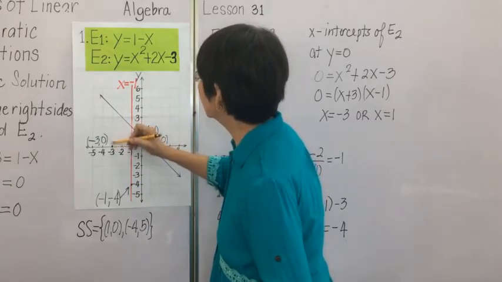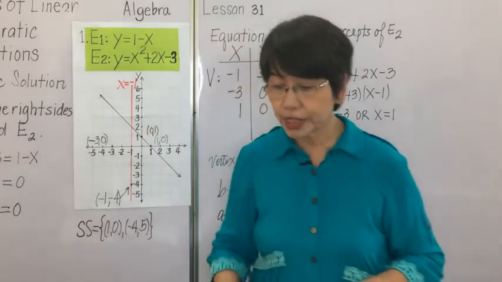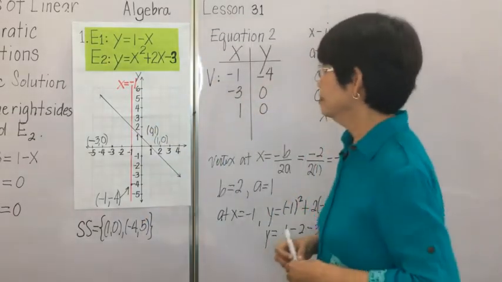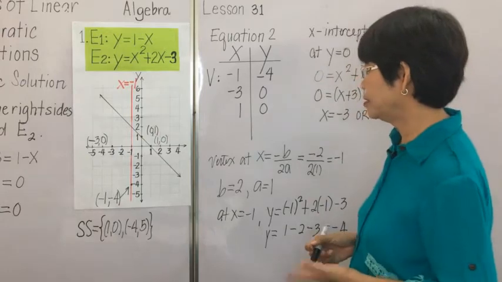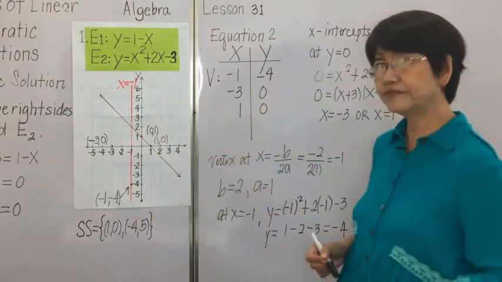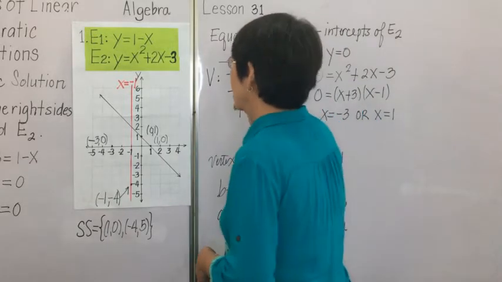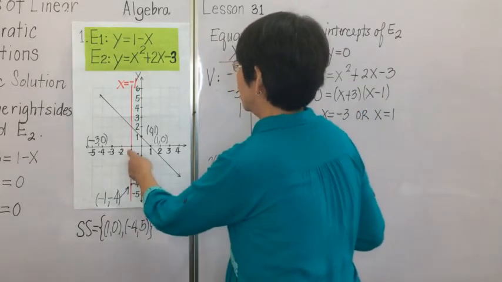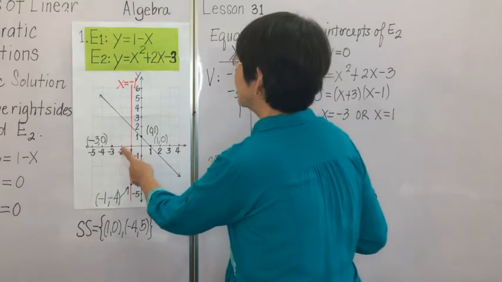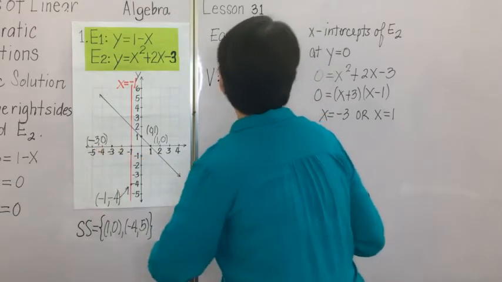Somehow, but we need additional points. Let's have points to the left of the line of symmetry. Like we can get the point at negative 2 and at negative 4.